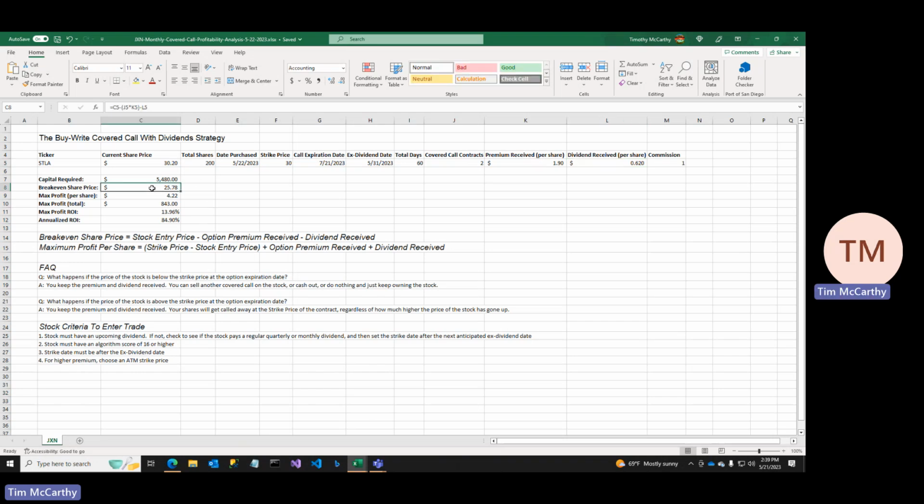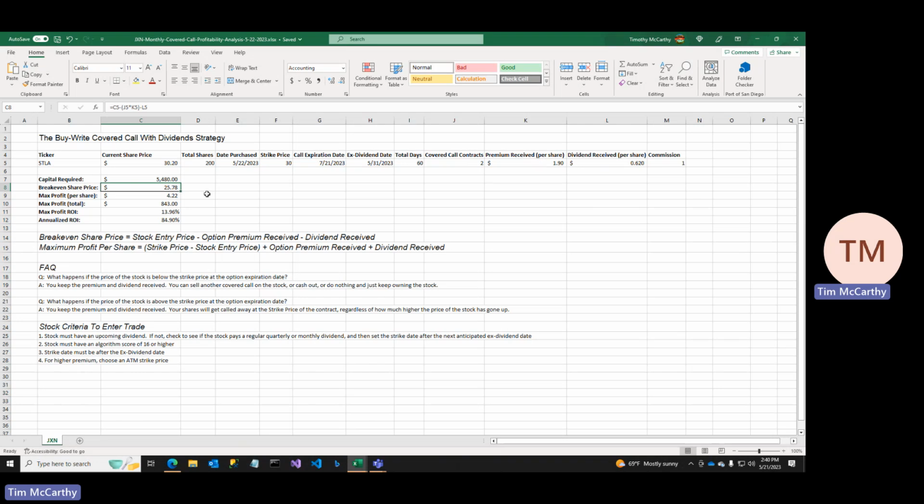And this is what I like here too. The break-even share price is 25.78. And since this is liquid and it's got pretty good premium, if it starts to go below that, I could close the trade out, or I could start reducing my cost average.